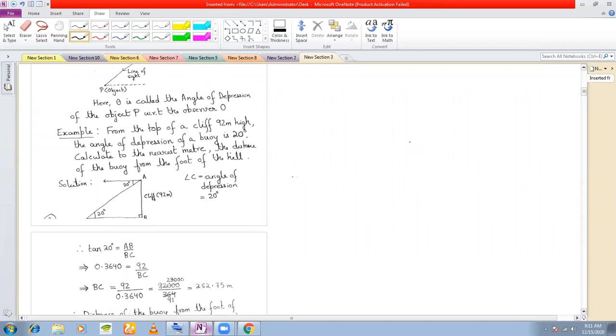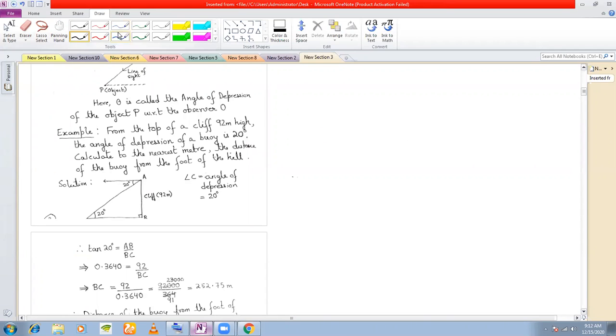Anyone tell me what is a buoy? A buoy is a floating object in water, okay, usually used for some shipping purposes, some sort of floating object in the river. Calculate to the nearest meter the distance of the buoy from the foot of the hill.